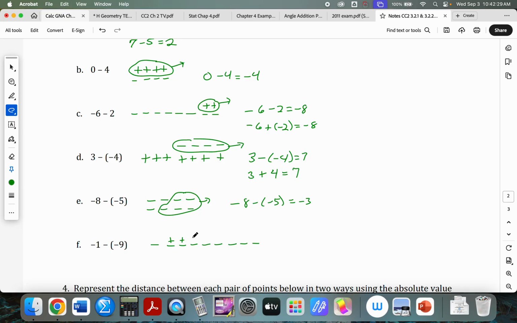But I also have to put in 8 positives so that the value is the same. So now I'm supposed to subtract 9 negatives. What am I left with? 8 positives.